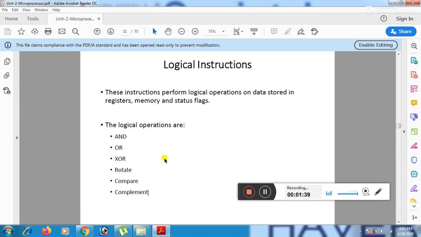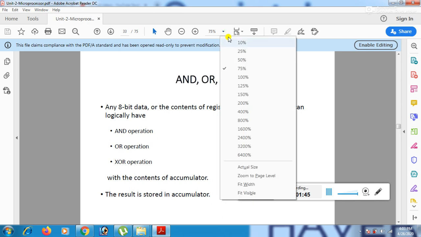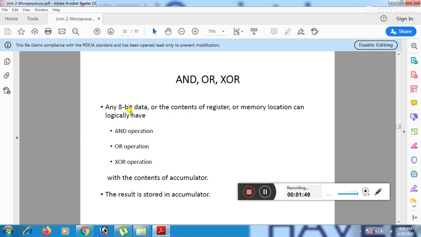So first of all we will see what is AND. So AND, OR, XOR, these three things, how it is done. Fine. So any 8-bit data or the contents of a register or memory location can have AND operation, XOR operation and OR operation. All the three operations can be done on the contents of a register or memory location or any 8-bit data.